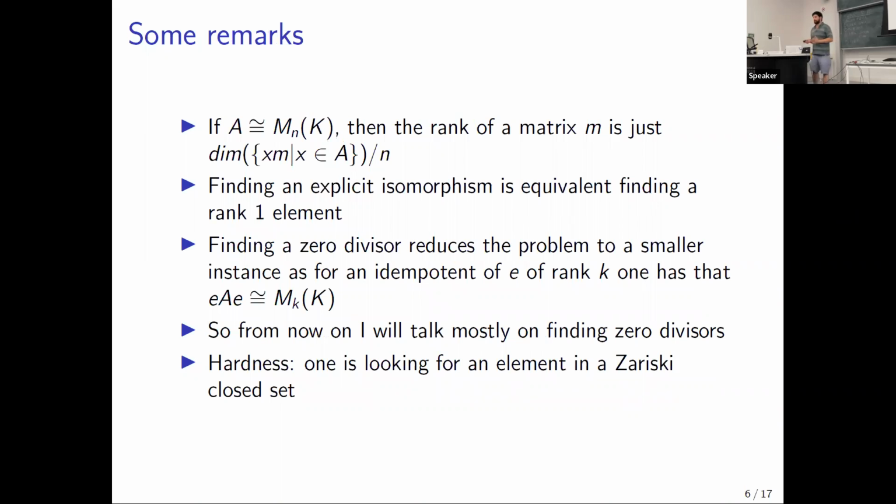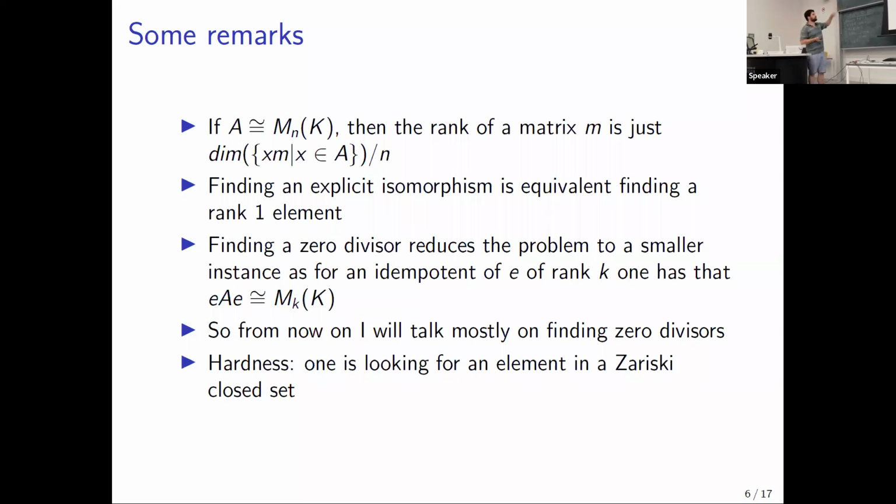Okay, so hopefully I've convinced you that this is a problem worth studying. And I will give some quick remarks before recalling the basic literature here, because I will be using these notions quite a lot throughout the talk. So actually, finding an explicit isomorphism between M_n(K) and your algebra given by structure constants is equivalent to finding a rank 1 element in your algebra.